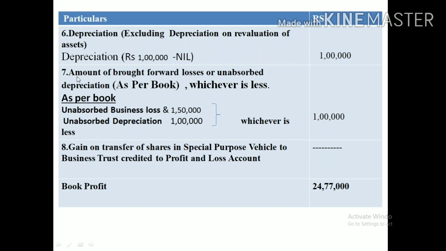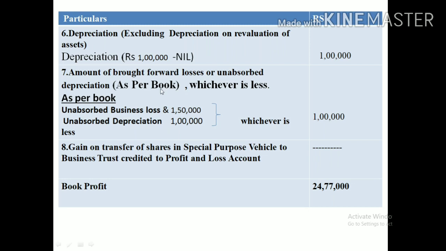Next, amount of brought forward losses or unabsorbed depreciation as per book, whichever is less, a very important one. As per book we should take which one among the brought forward business loss and unabsorbed depreciation, whichever is less.